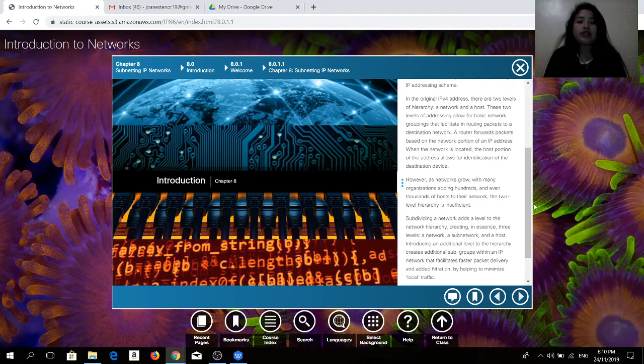When the network is located, the host portion of the address allows for identification of the destination device. However, as networks grow, with many organizations adding hundreds and even thousands of hosts to their network, the two-level hierarchy is insufficient.